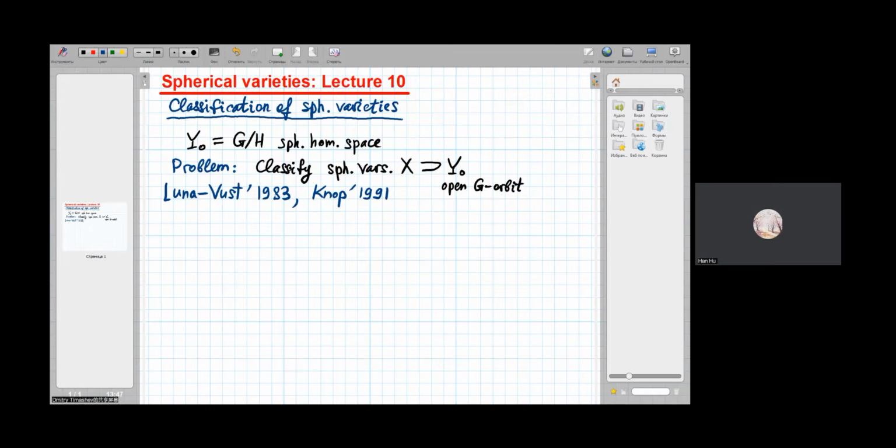And for this reason, we call them birational invariants. So my first goal will be to introduce birational invariants of spherical varieties, or even of spherical homogeneous spaces, if you like, because they are birational.